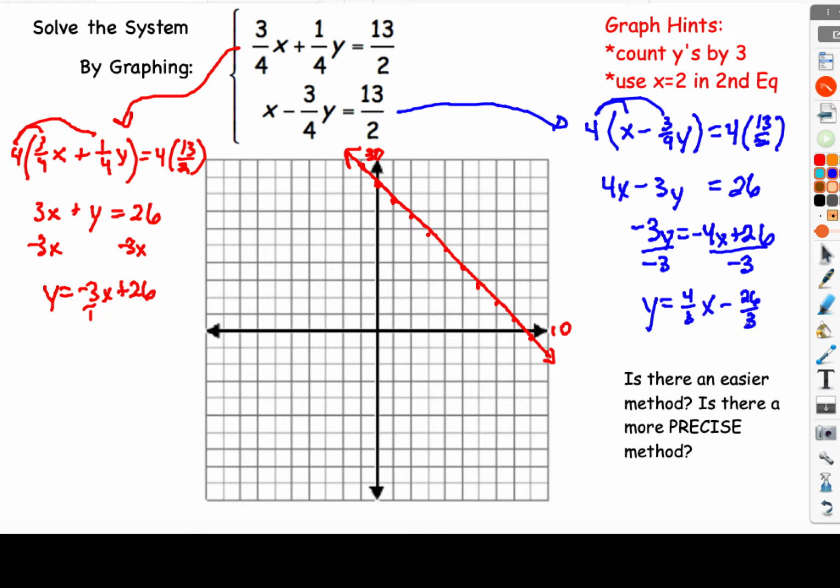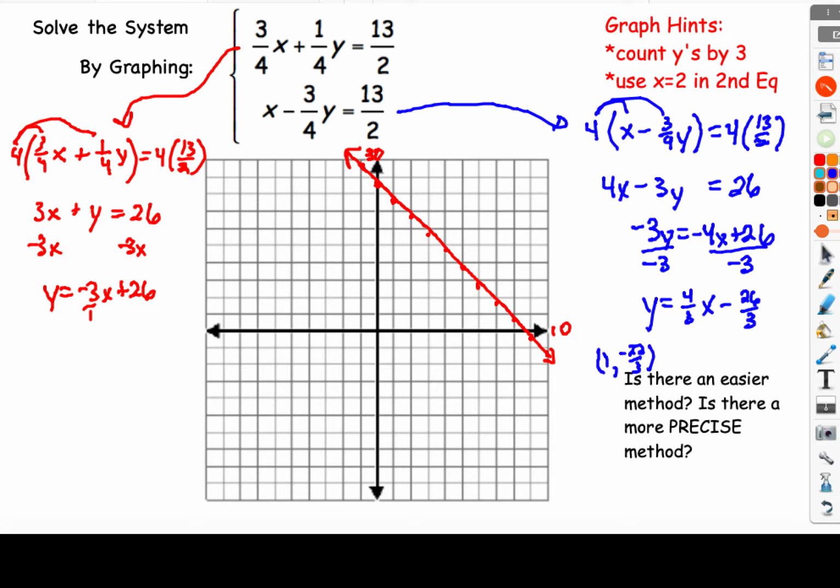But notice I also gave myself a little bit of a hint. If the y-intercept's not going to be a great place to start, then let's just find another point. We could try plugging in 1, because positive 4/3 times 1 minus 26/3 would be negative 22/3.